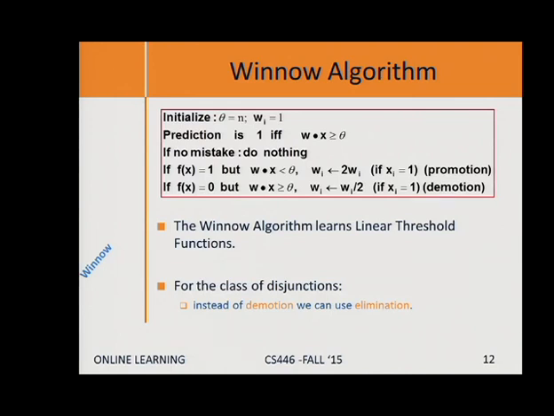So what do I know about this xi? It's not in the disjunction. Yes, it's a monotone disjunction. Okay, excellent. Thanks. I know that xi is not in the disjunction, because otherwise, when it's on, it should have been a positive example.